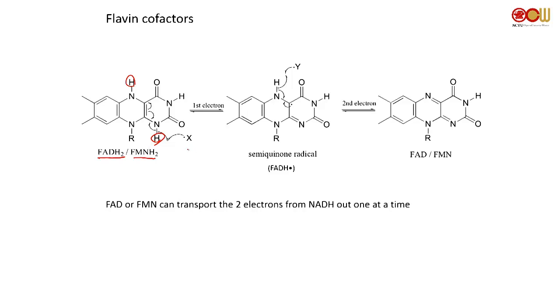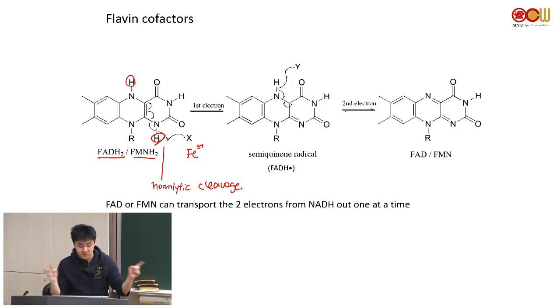For example, you can have a little iron 3+ come in and take one electron, so you can do a homolytic cleavage. You learned this in organic chemistry: you take one electron and the other electron goes to the other molecule. And you can generate this semiquinone radical, FADH dot. Every time you see a little dot right here, that indicates it's a radical.